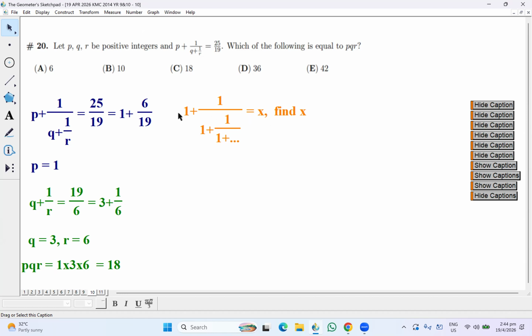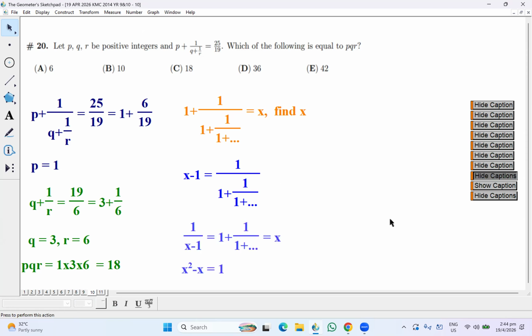We take x minus 1. Then we go to the fraction part. 1 over 1 plus 1 over 1 plus dot dot dot. Then we invert, because it's 1 over a, so we invert. 1 over x minus 1 equals a.